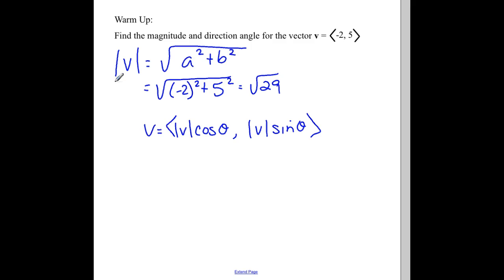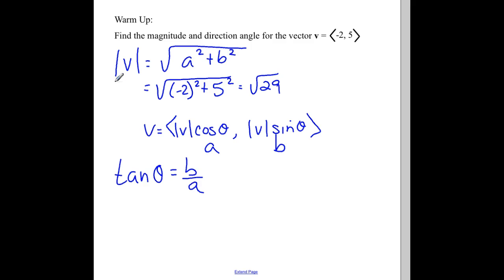But we said that there's an easier way to find direction angle, and that's just to use tangent, because tangent takes the vertical component divided by the horizontal component, so b divided by a, right? And you don't have to worry about the magnitudes because they cancel each other out. So we said we could find the direction angle by just taking b over a.